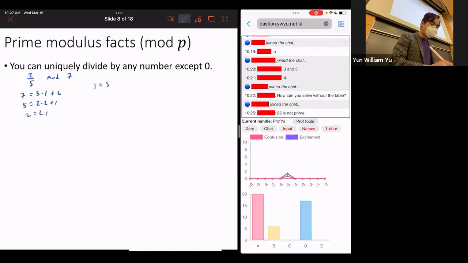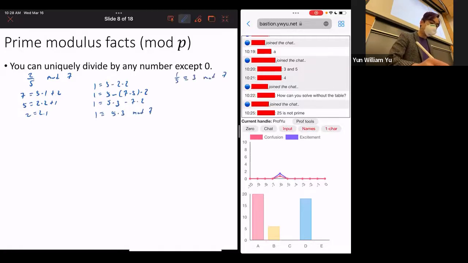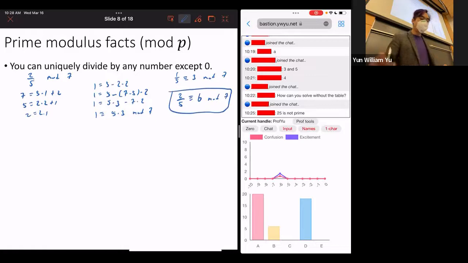And so 1 is equal to 5 minus 2 times 2. 1 is equal to 5 minus (7 minus 5) times 2. 1 is equal to 5 times 3 minus 7 times 2. And so 1 is congruent to 5 times 3 mod 7. So 1/5 is congruent to 3 mod 7. And then 2/5 is congruent to 6 mod 7. Okay, you can always uniquely divide by any number except 0 because you can find reciprocals when you're in the prime modulus.